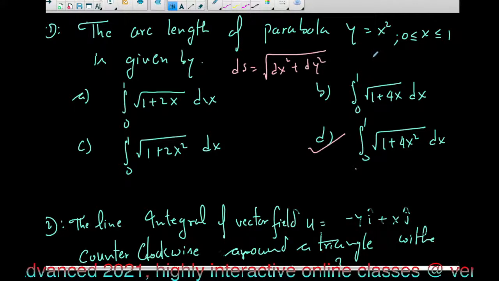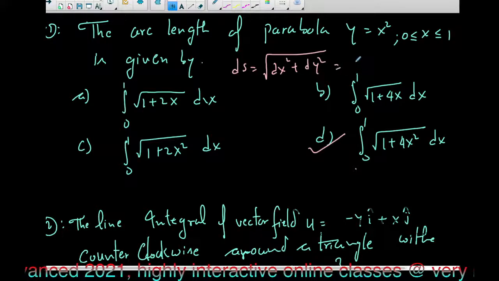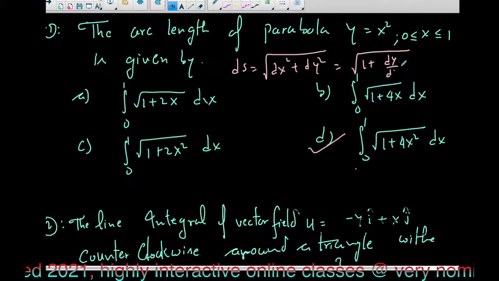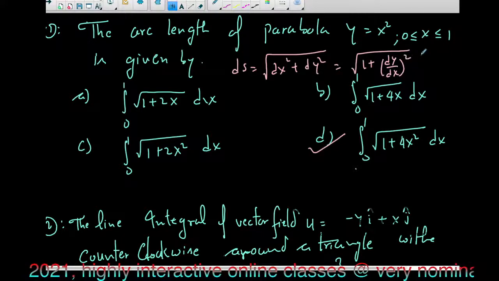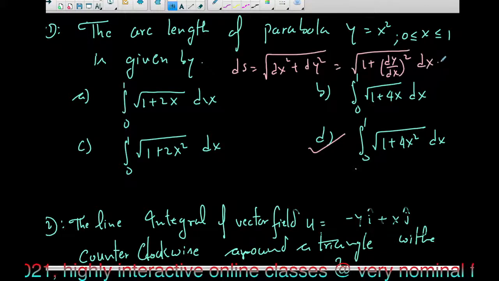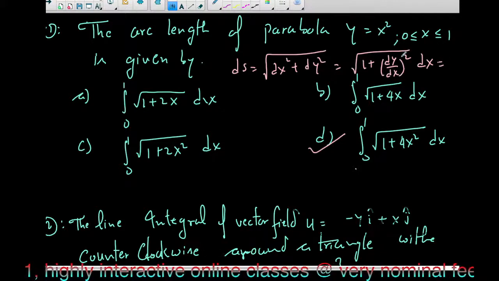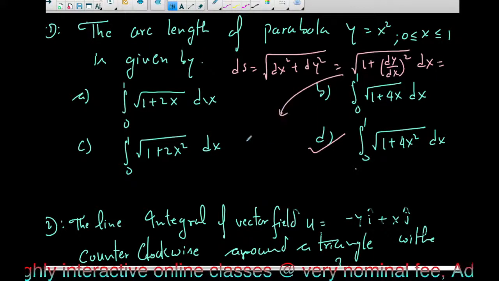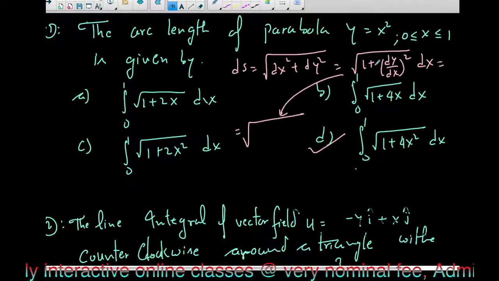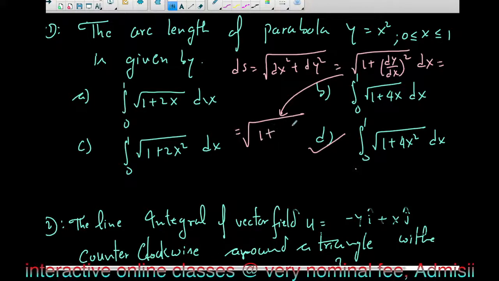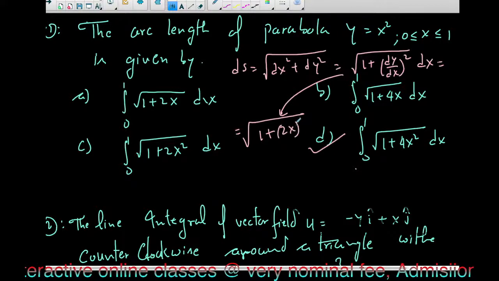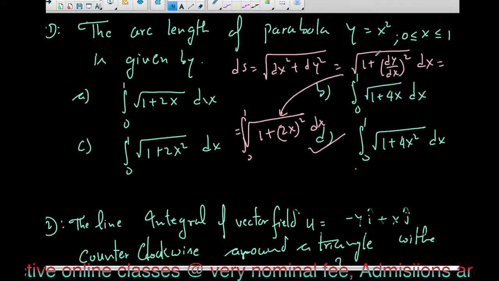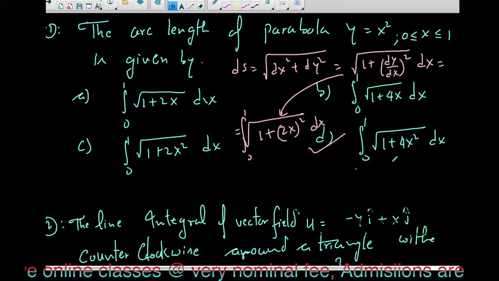And you can write it as under root 1 plus dy by dx whole square, dx. Here dy by dx is 2x on differentiating, so it is 1 plus 2x whole square, dx. And that was from 0 to 1 as per the given condition, so D option is correct for x square.